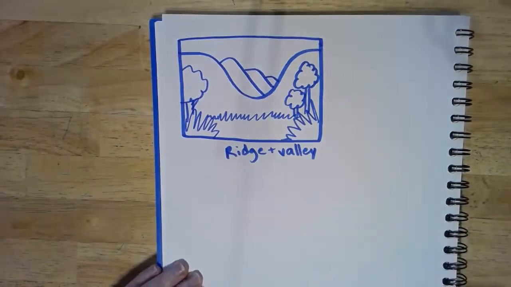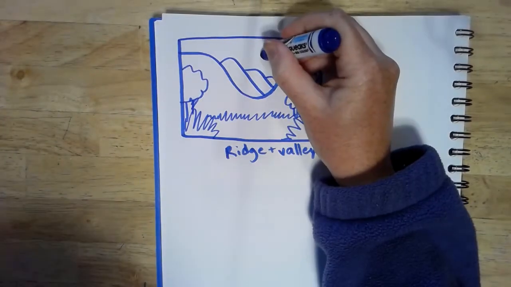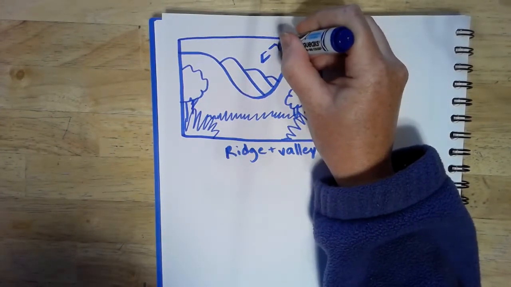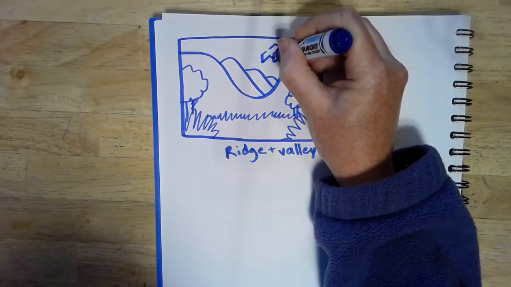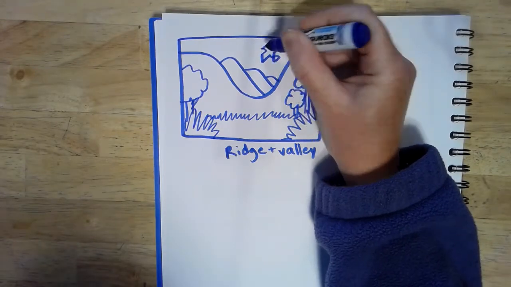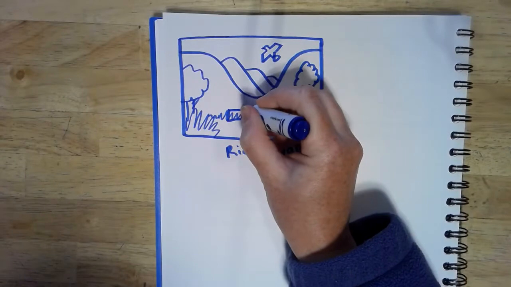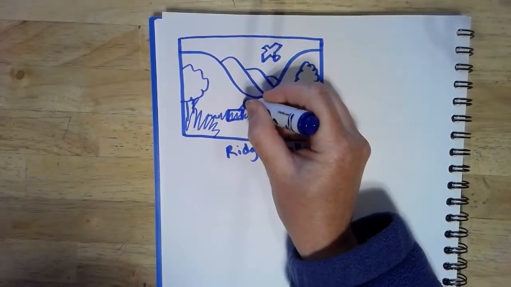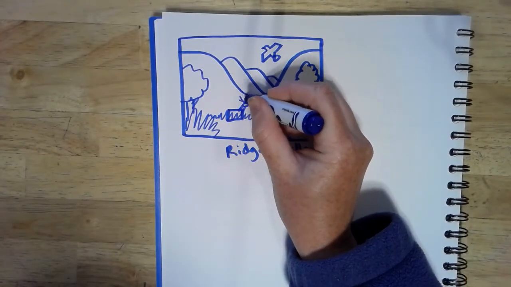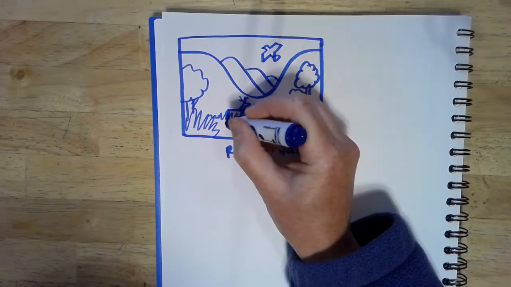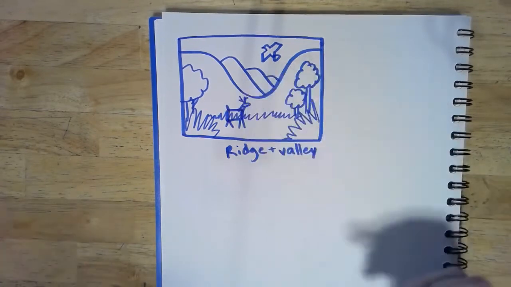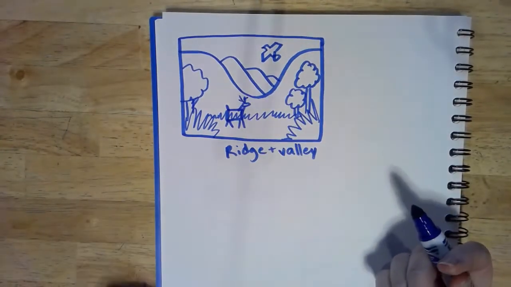So ridge and valley. And you can add things like the hawks. Or the deer, since they really like these open areas. And I'm just doing simple ones because I'm not going to get into great detail with this.